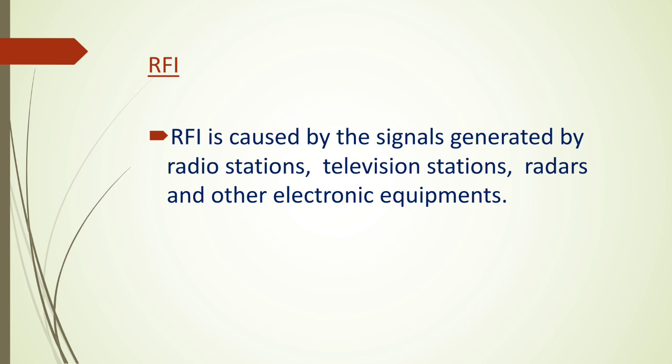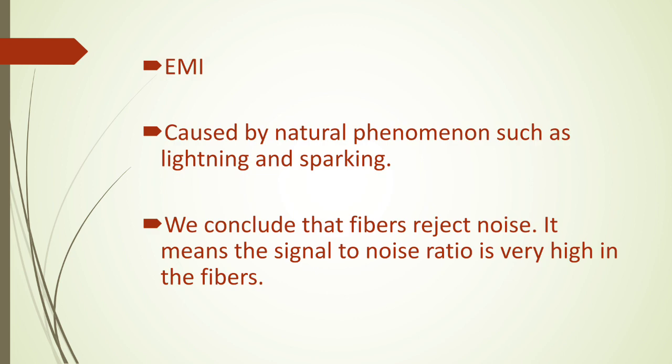Radio frequency interference is caused by the signals generated by the radio stations, television stations, radars, and other electronic equipment. What is electromagnetic interference, EMI? Electromagnetic interference is caused by natural phenomena such as lightning, and is also caused by sparking.